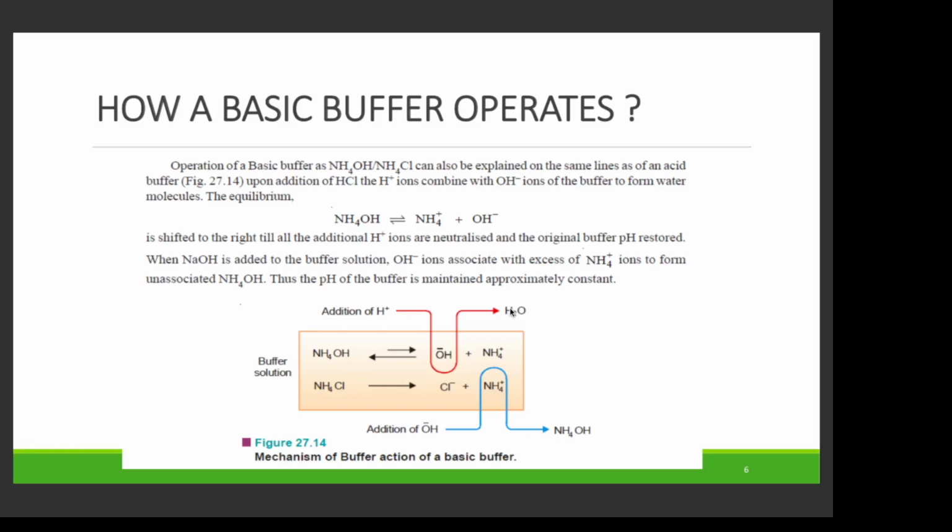And this reaction can go backward as well. As it is a weaker base, the chances of the backward reaction are higher than the forward reaction. Clear? Is it clear this point?